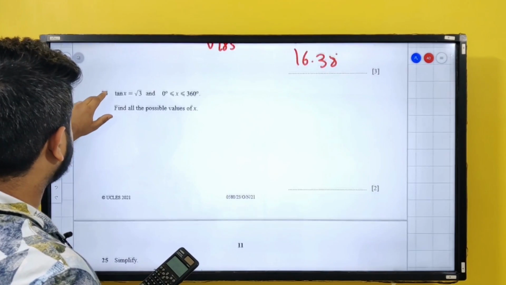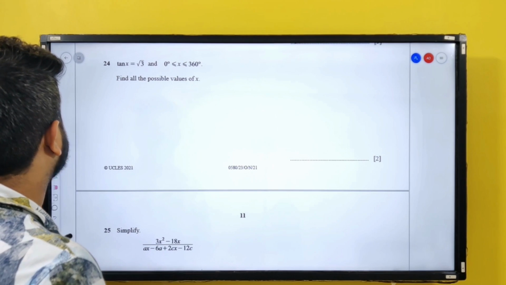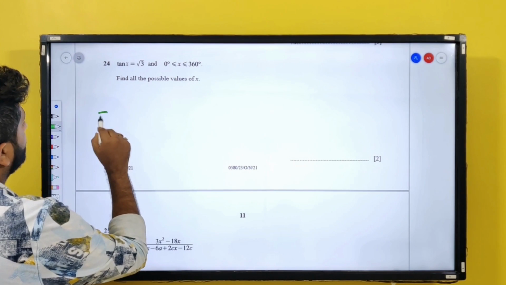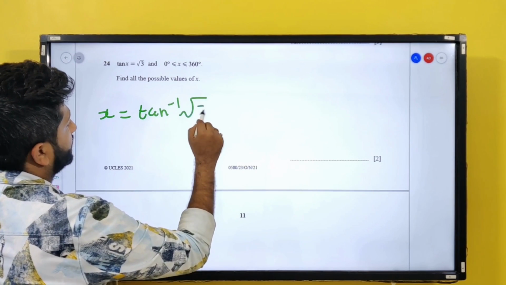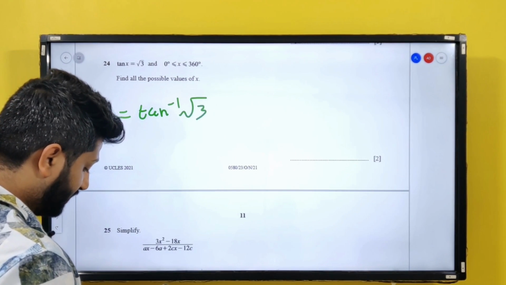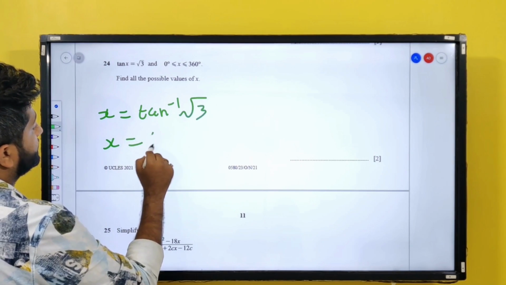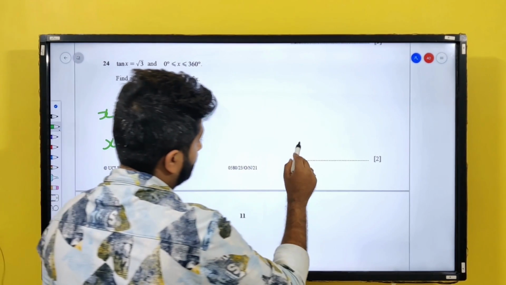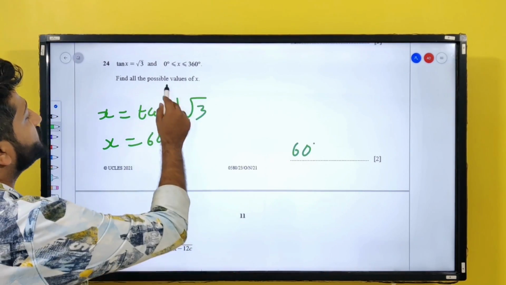Next, tan x equals root 3. Find the possible values of x. If tan x is root 3, then your x is tan inverse of root 3, and tan inverse of root 3 is 60 degrees. So your x is 60 degrees. But you should also know you are supposed to find possible values of x.